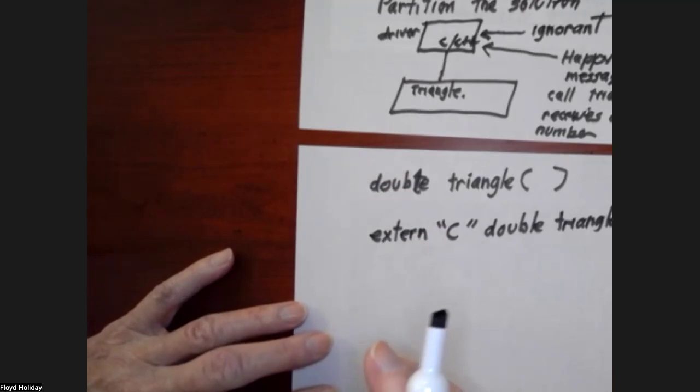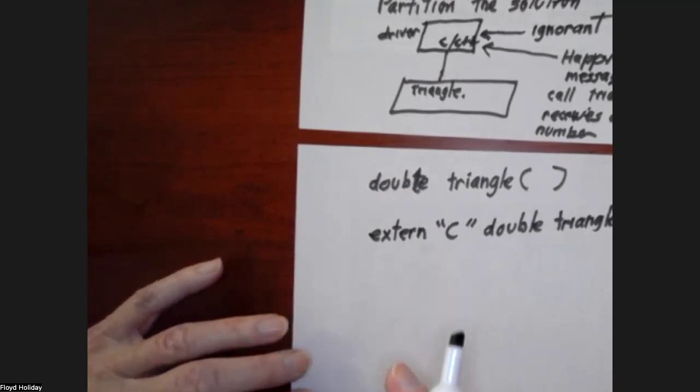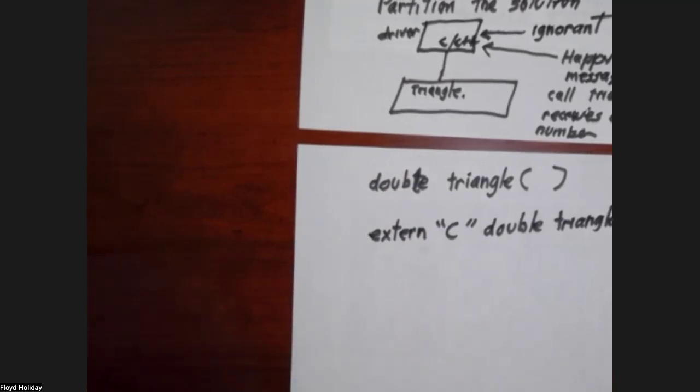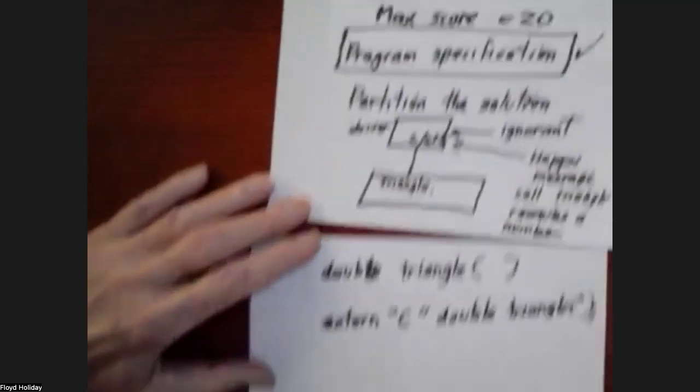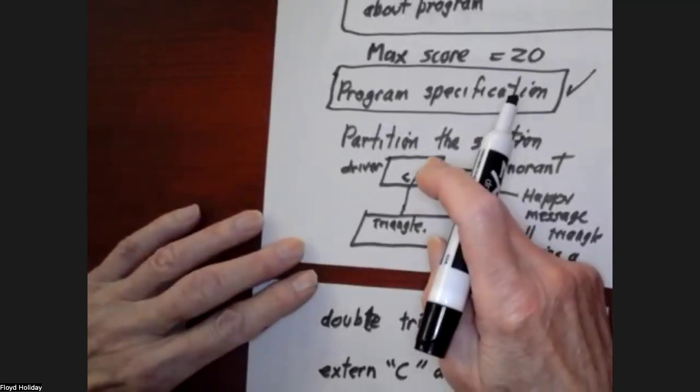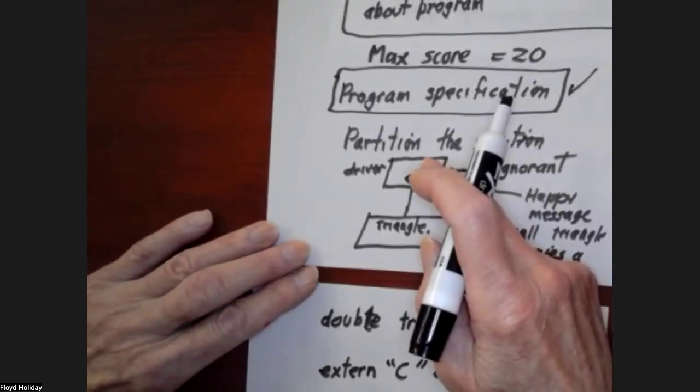So partitioning the solution is a good practice because it will scale upward to a huge program to be developed. The program to be developed could possibly be one driver.